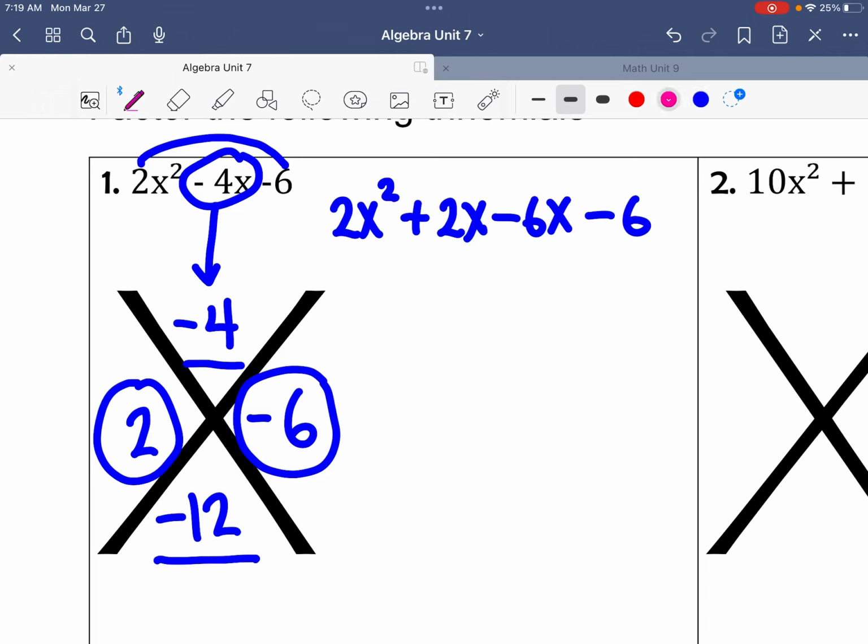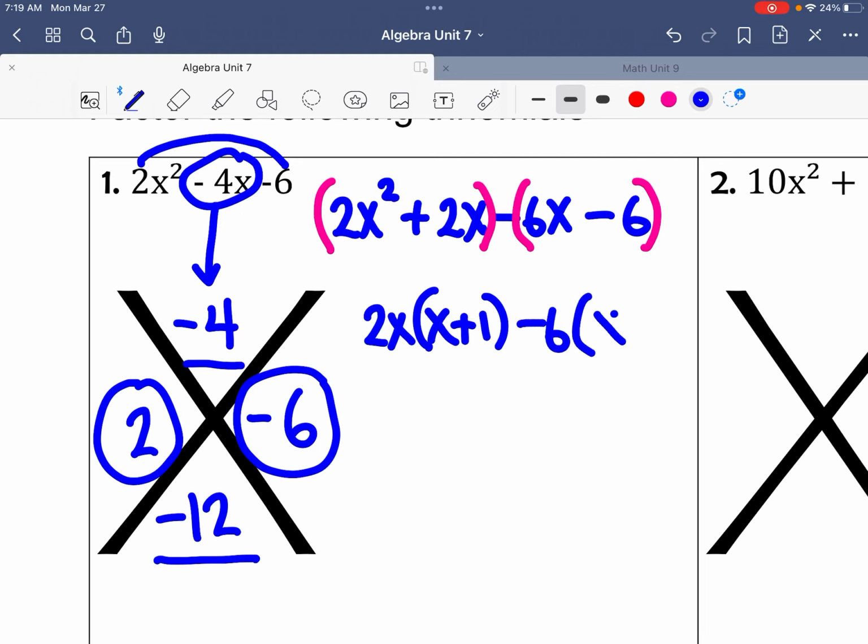Then I can factor this out just by grouping it. So I group the first two terms, group the second two terms, pull out the greatest common factor. The greatest common factor of 2x squared and 2x is just 2x. What's left in parentheses will be x plus 1. The greatest common factor of 6x and negative 6, I'm going to pull out negative 6 so that I can get x plus 1 in parentheses.